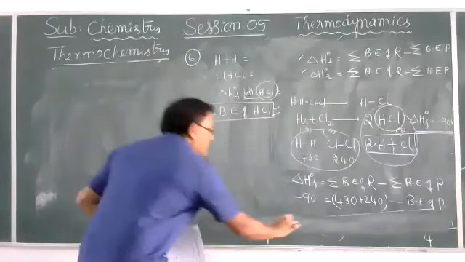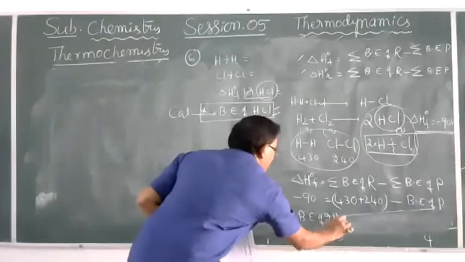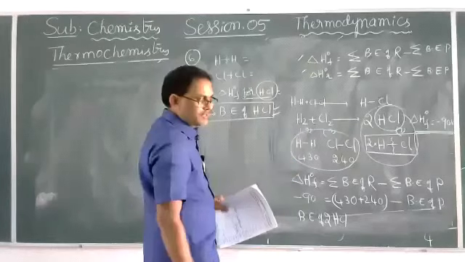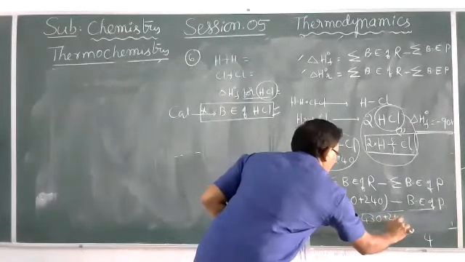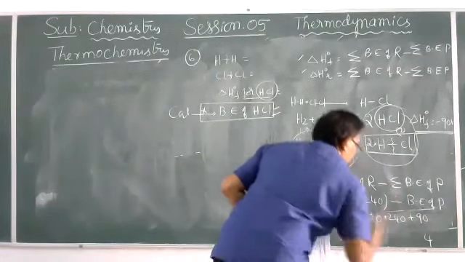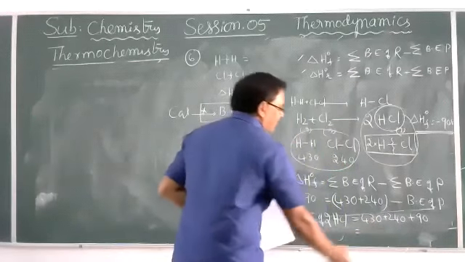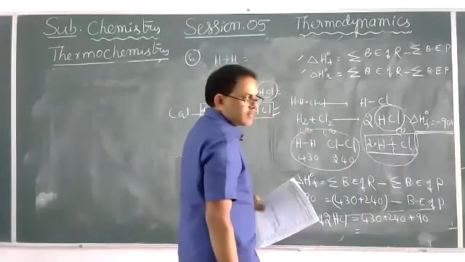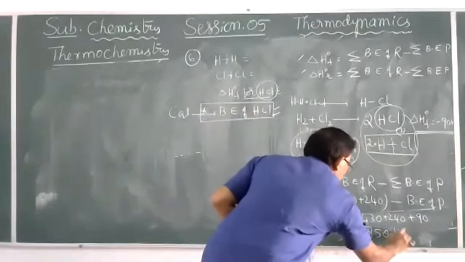The value given is minus 90. Now here we will get the bond energy of 2 HCl, not 1 HCl, because in this balanced equation 2 HCl are there. That's why it is 430 plus 240, minus, and on that side plus 90. Taking this value, 670 plus 180 gives 850 kilojoules.